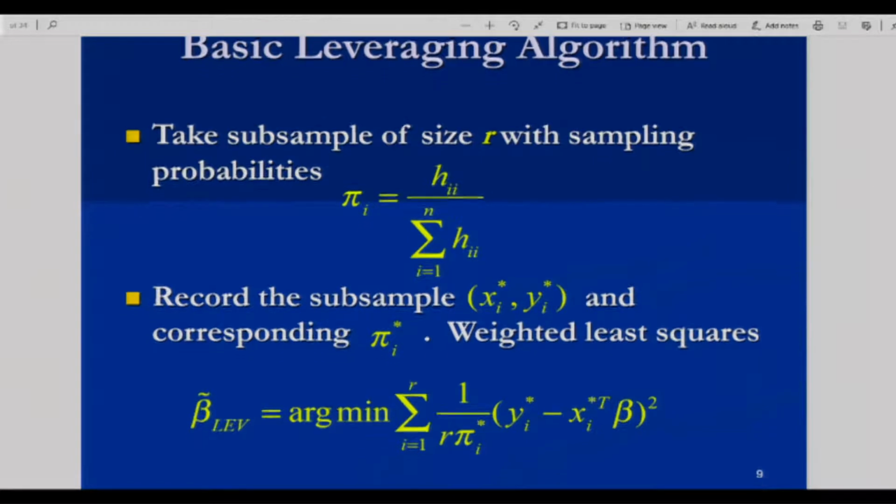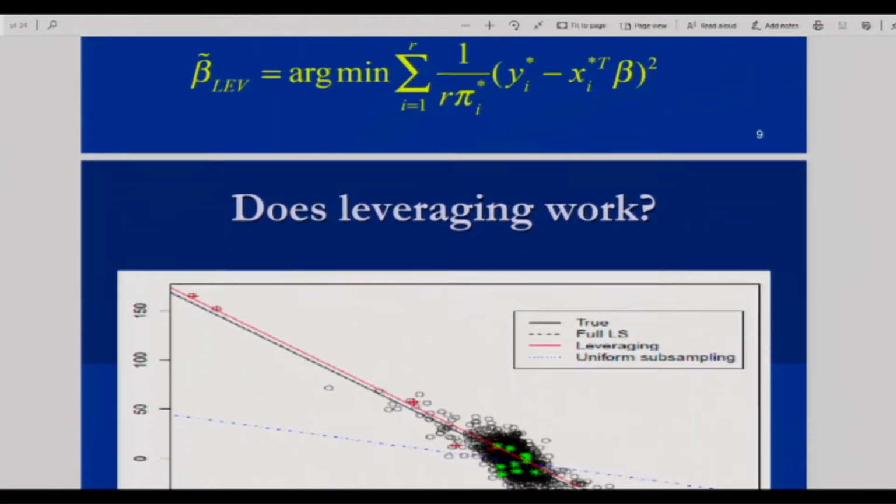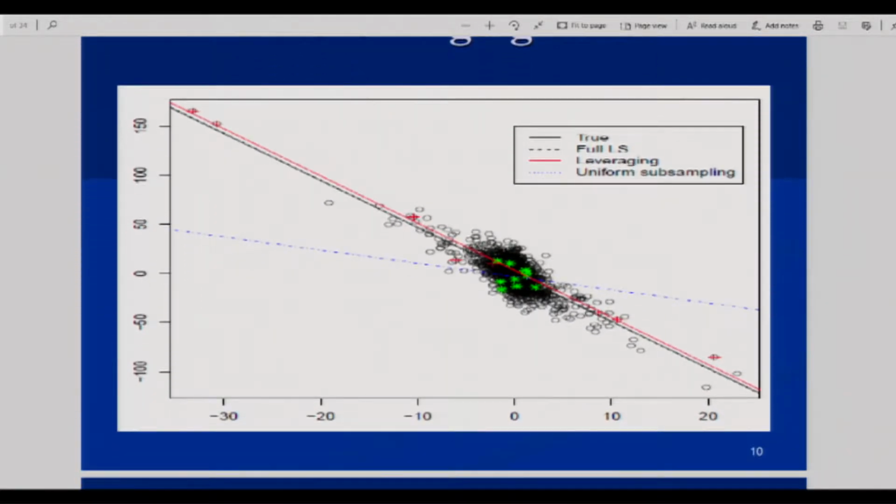Back to our toy example. These are still the 2,000 data points, and we run this basic leveraging algorithm. We select 10 data points, and because this is a random algorithm, we can see some edge points being selected, but also some data points in the data cloud.